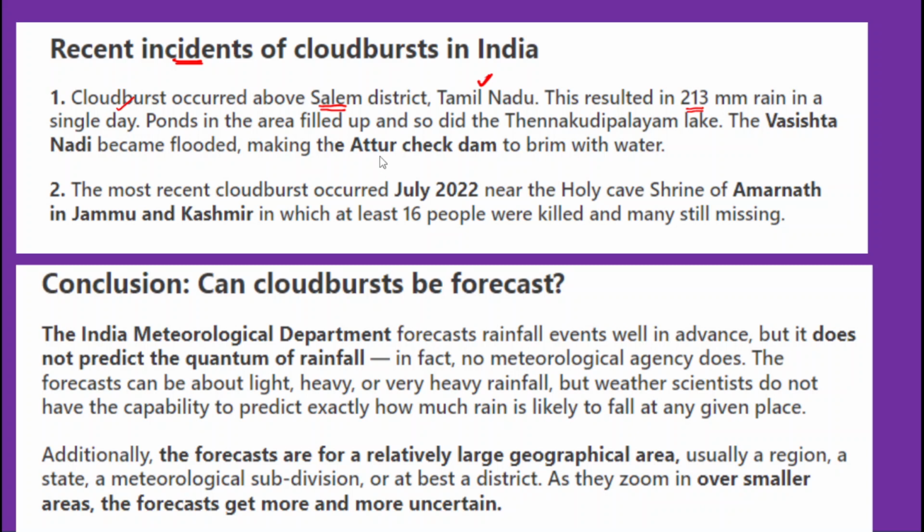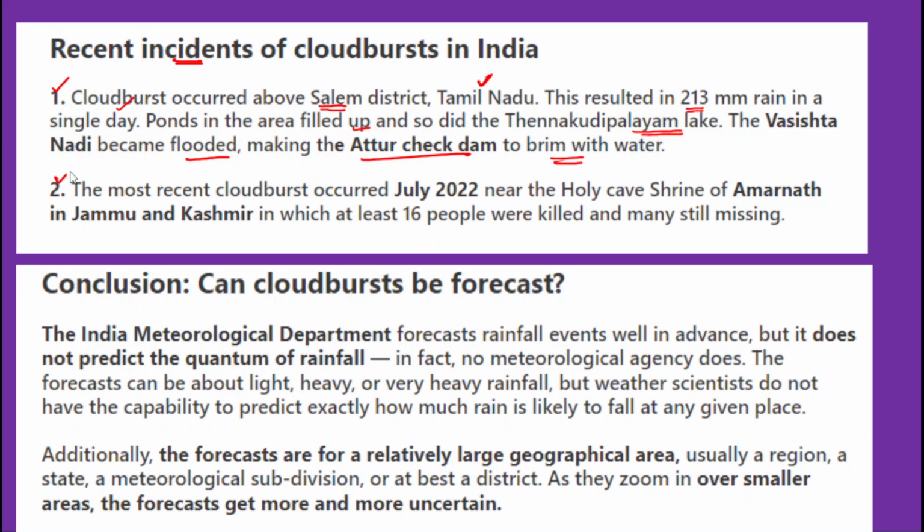Ponds in that area filled up, including Tennakudi Palayam Lake. The Vashishta Nadi became flooded, making Attur check dam brim with water. Even though there was no massive casualty, this is one example of a recent cloudburst.